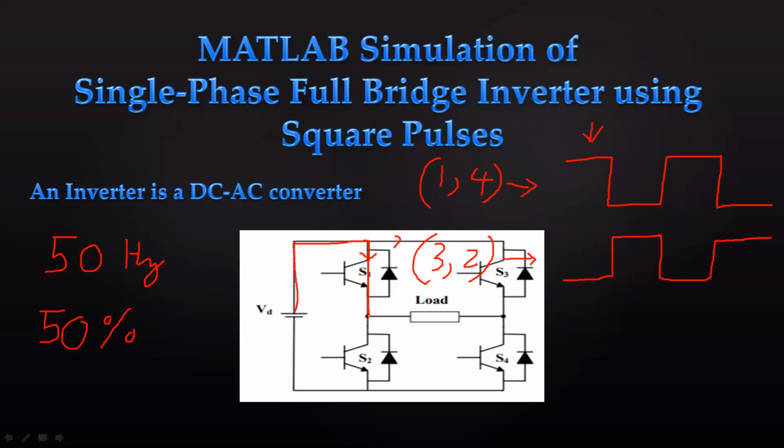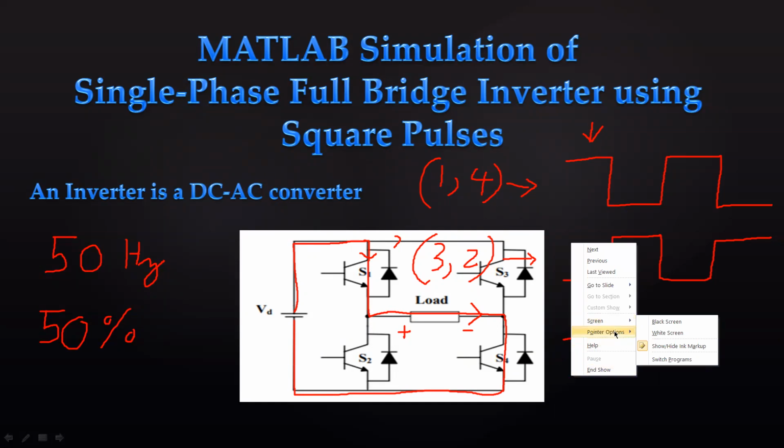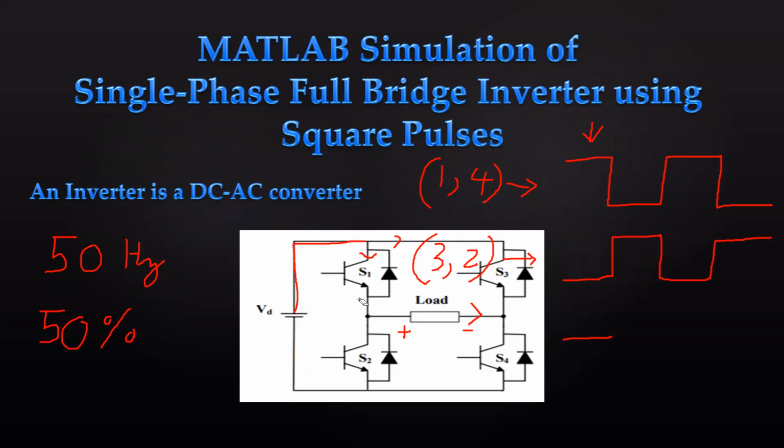Now it will come here and have two other options, but the second switch is also off during this duration. So all the current will flow through the load. It will go through the fourth semiconductor switch and to the negative side of the battery, right? So the load will be positive and negative, and current is flowing from positive to negative. So our output would be a positive cycle. This is the first half cycle.